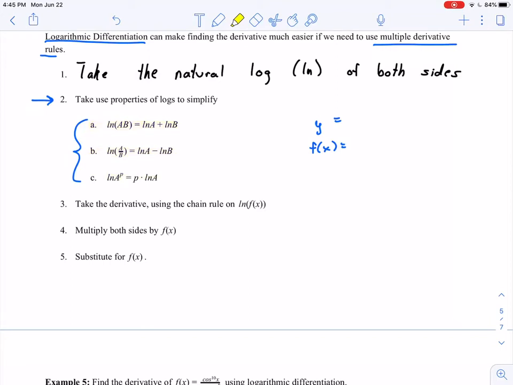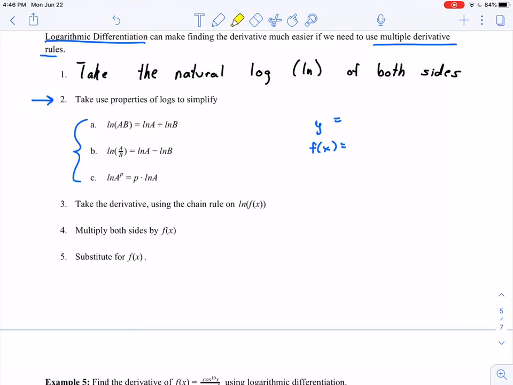You may recognize them from college algebra or a previous math class, but in case you don't, if we have natural log of a times b, so if we're multiplying 2 factors inside of our natural logarithm, we can break that up into 2 simpler logarithms by saying natural log of a plus natural log of b.